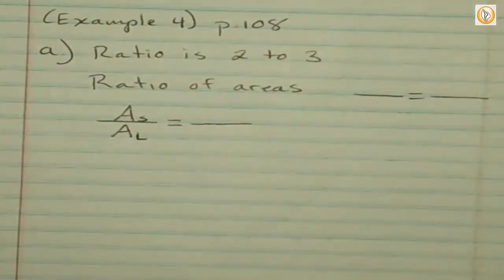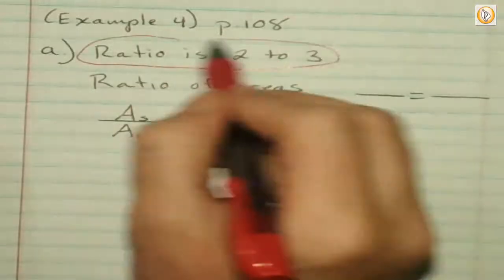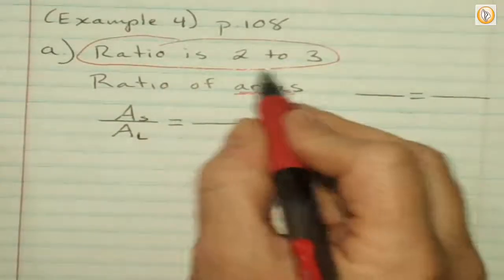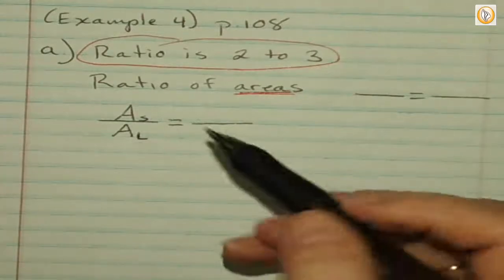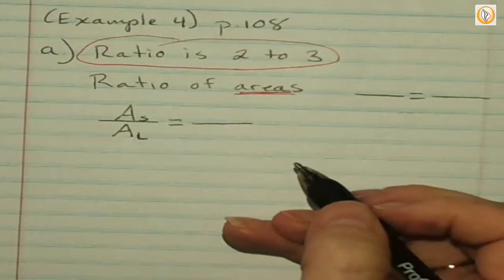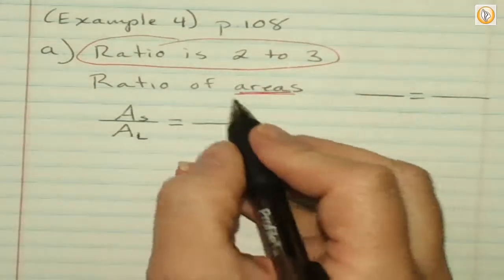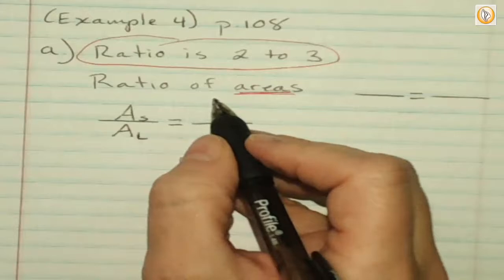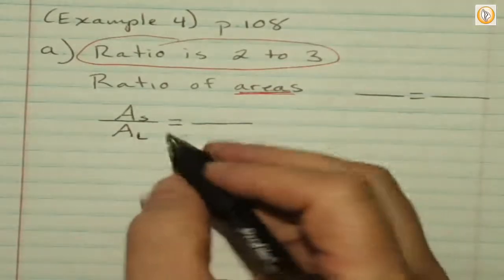Now, question. Why do you think this ratio right here is important? Those are your numbers. They're asking what's the ratio of the areas, just the areas. The ratio of the two figures is 2 to 3. For A they want the ratio of the areas, and for B it's going to be the volume.